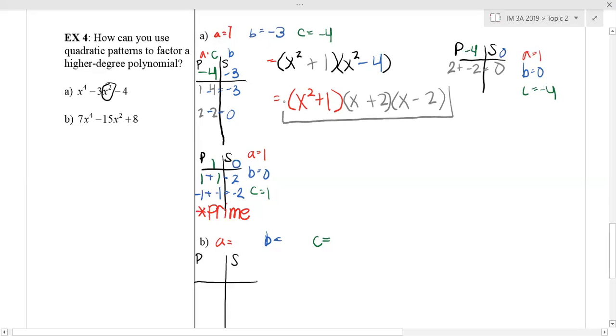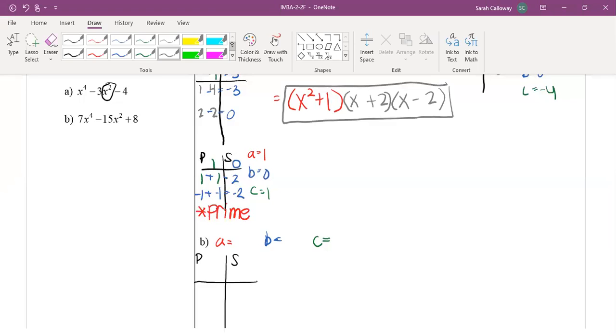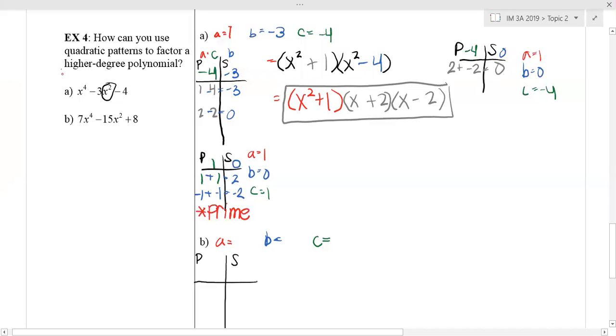Okay, so the big idea with these problems when we have a power of a higher degree is that we keep factoring to get x squared. We might not, but we want to get x plus or minus numbers if we can.